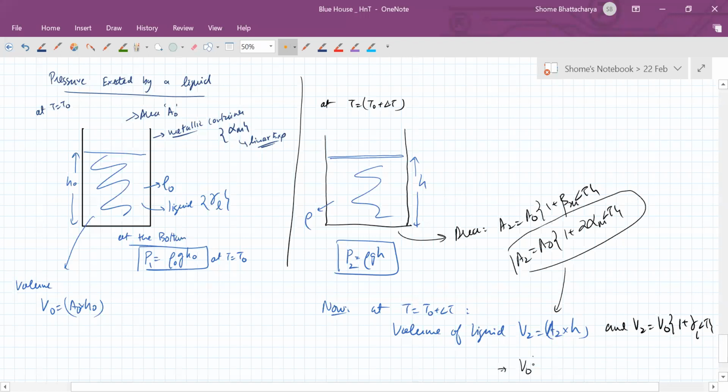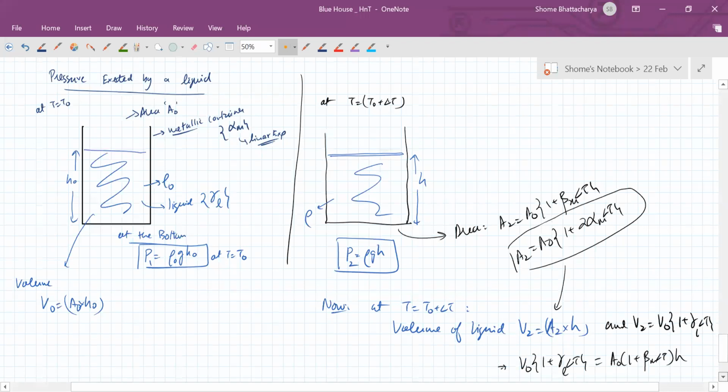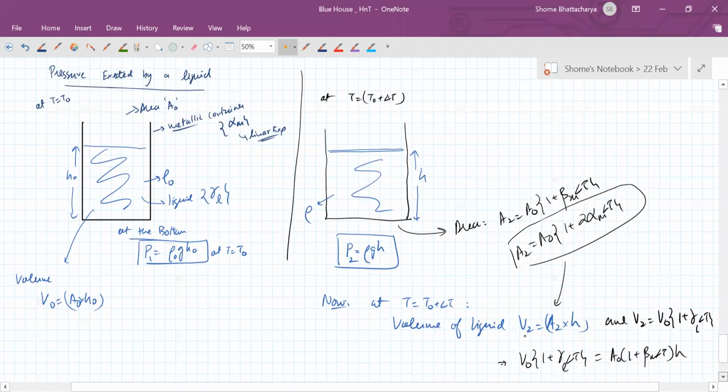So V naught into 1 plus gamma of the liquid into delta T is equal to A naught into 1 plus beta of the metal into delta T into H. So what is the new value of height of the liquid column?